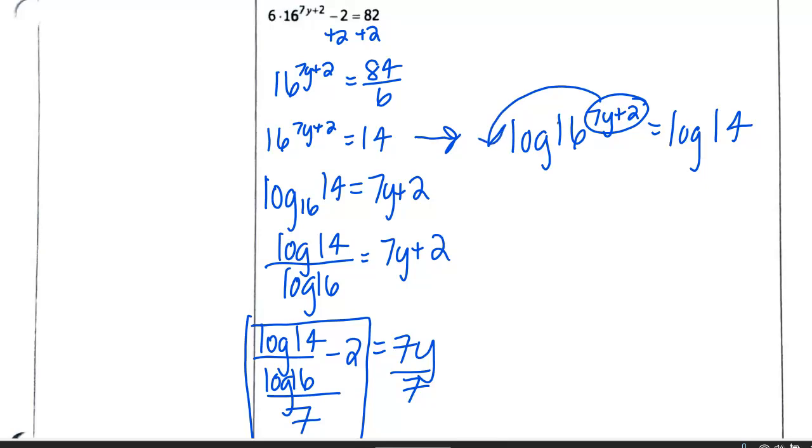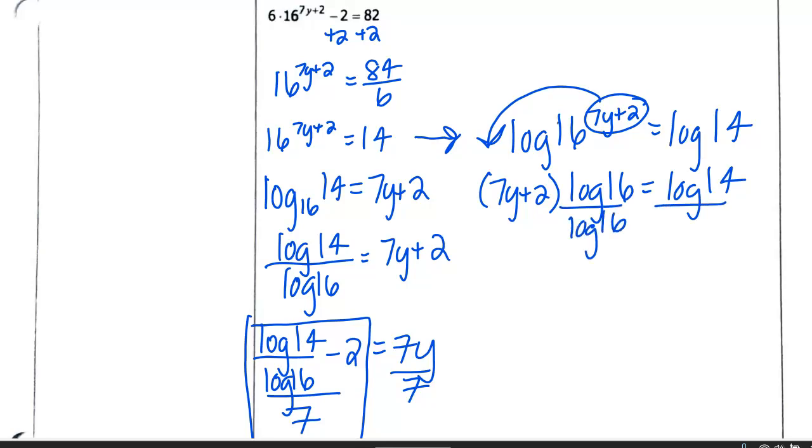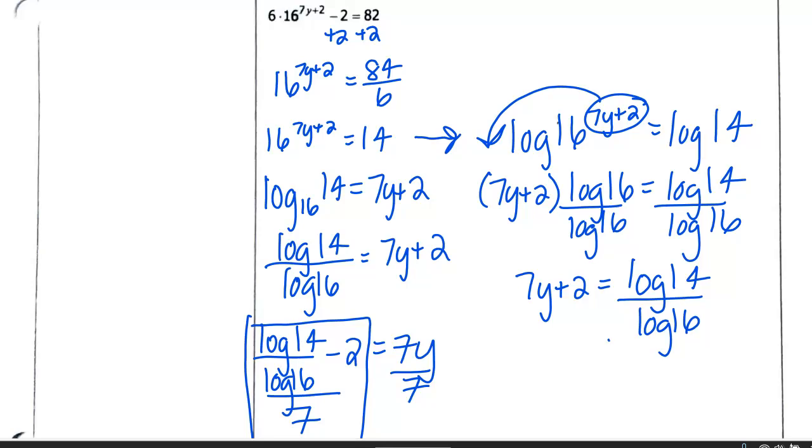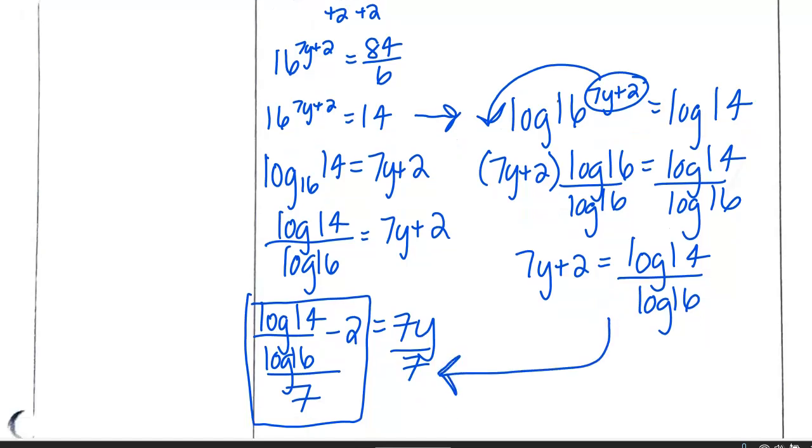We're going to drop this down in front. 7y plus 2 times log 16 equals log 14. Divide both sides by log 16. And again, we have the same thing. So we're going to solve it the same way. We subtract 2, divide by 7. We'll wind up with the same thing here.